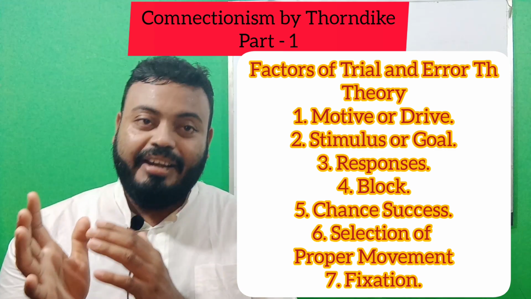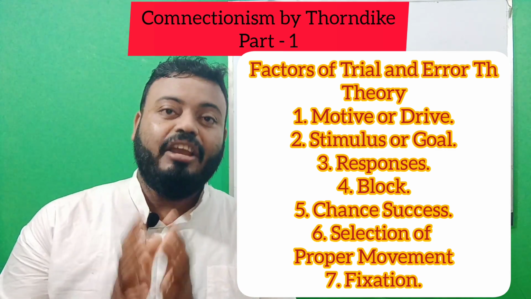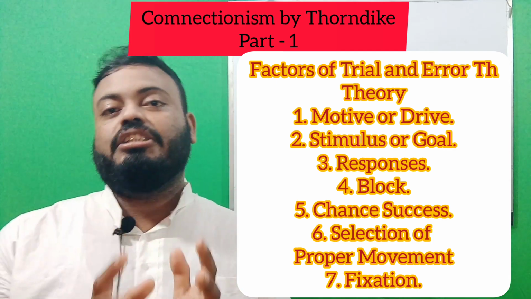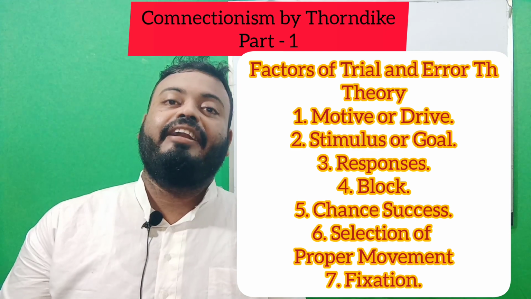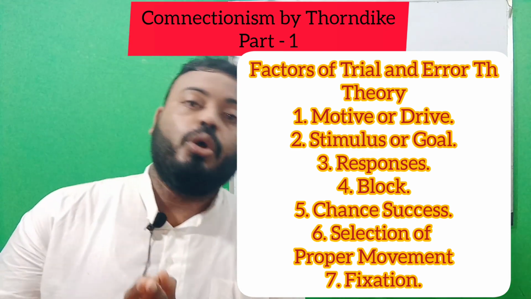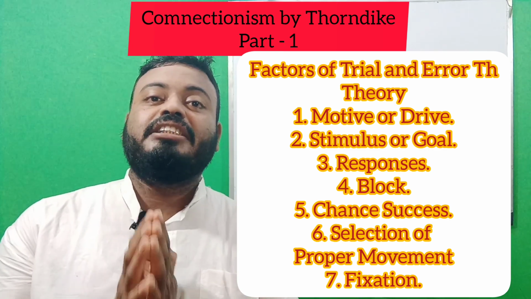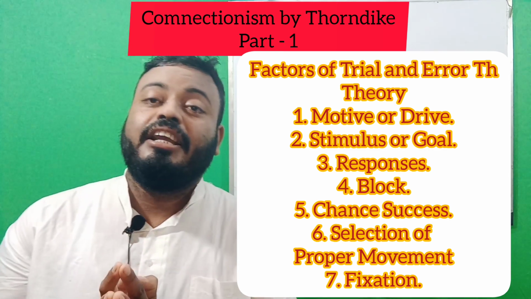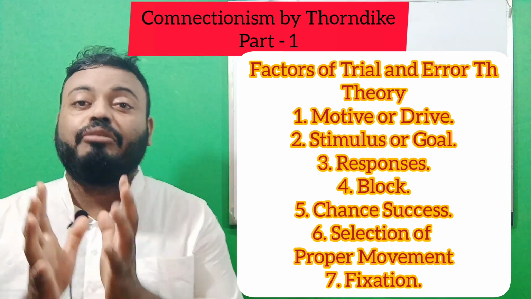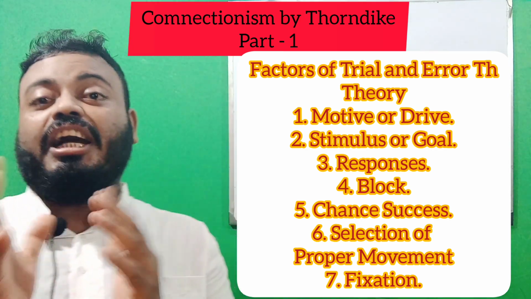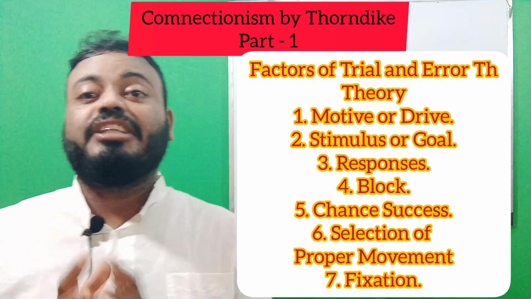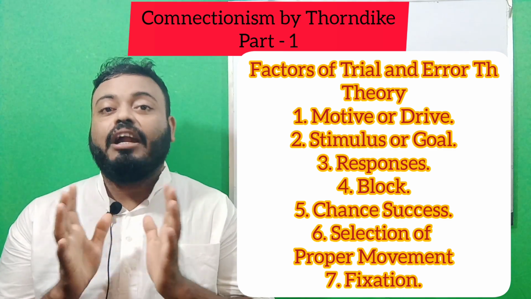The next factor is block, or blockages. The block was the confinement, the closed door of the box. Next is chance success. The cat wants to succeed and eat the food. By the random movements of the cat, the chance of success is to open the door.